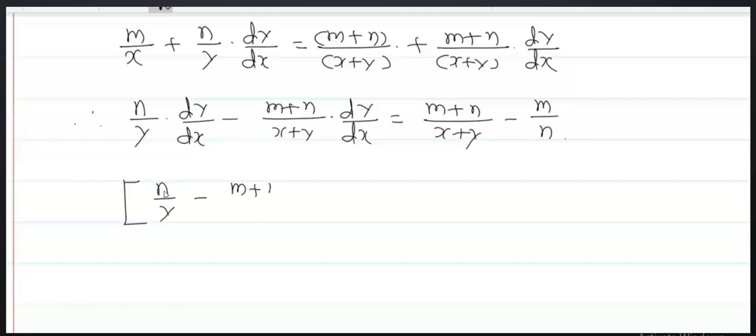Now simplify this. Take dy by dx common: n upon y minus (m plus n) upon (x plus y), into dy by dx.